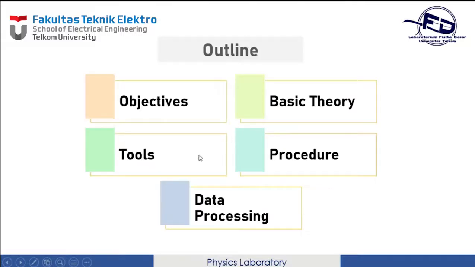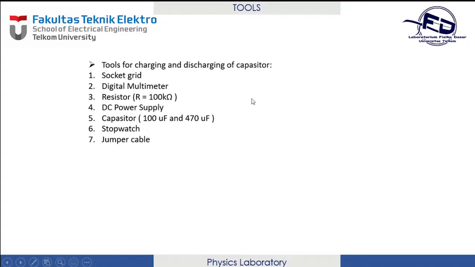Now let's go to the tools outline. Tools for charging and discharging of capacitors are the same, okay? So those two submodules will use the same tools. The first one, there is a socket grid, there is a digital multimeter, there is a resistor, and the value will be 100 kilo ohm.